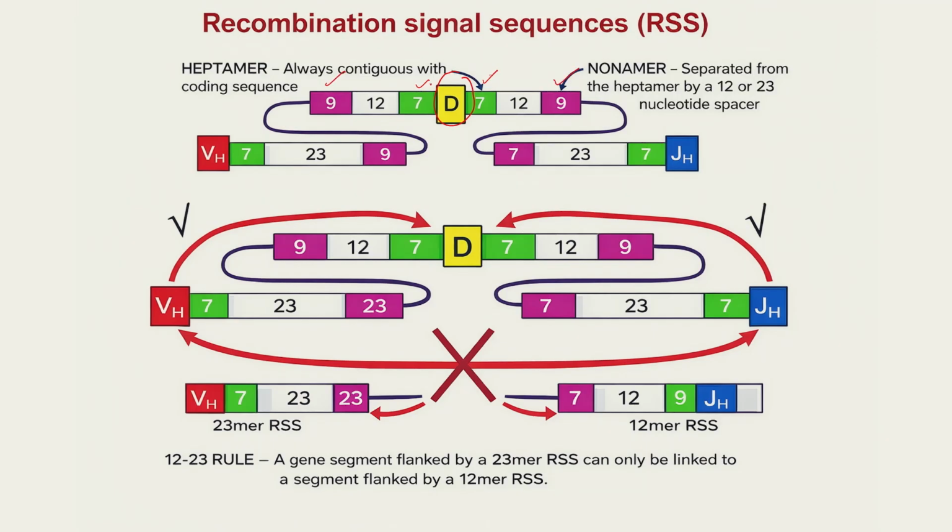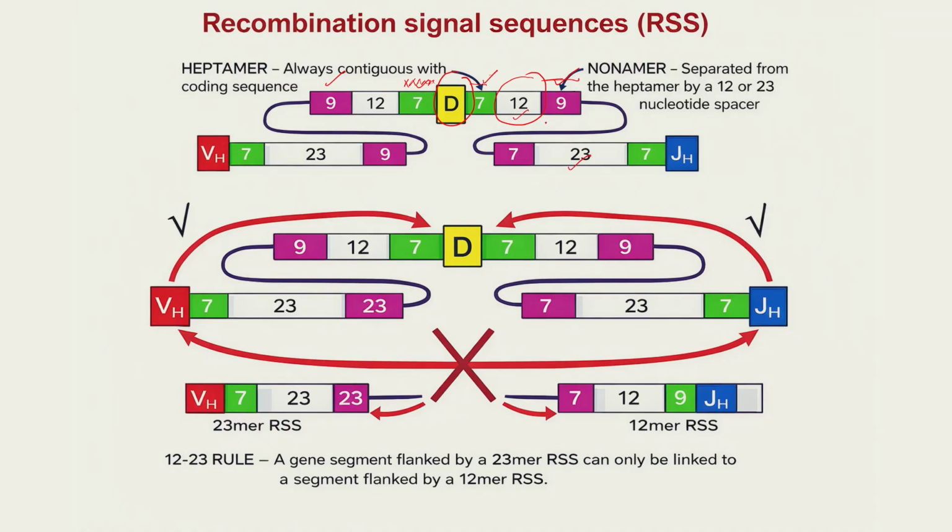So there is a stretch of 7 nucleotides here, an ATGC combination, or there could be a 9 nucleotide stretch. So these sequences are either 7 or 9, and then in between you have the 12 or 23 nucleotide spacer sequences. So these are the flanking sequences called heptamer or nonamer, and they are separated by this spacer sequence, either the 12mer or the 23mer.